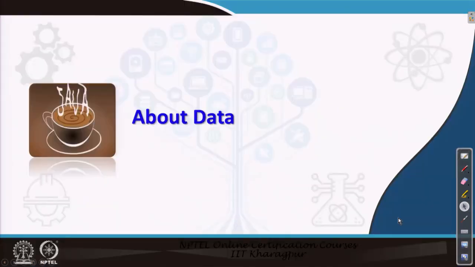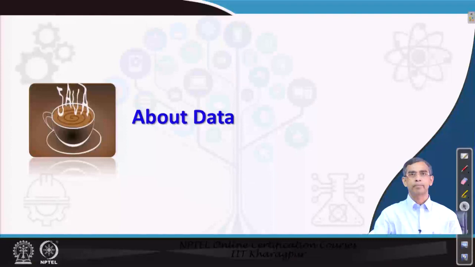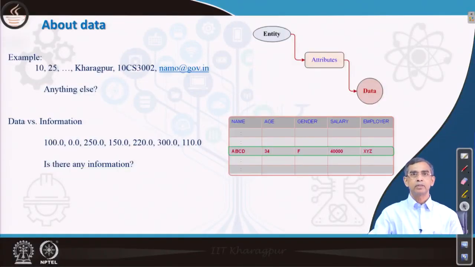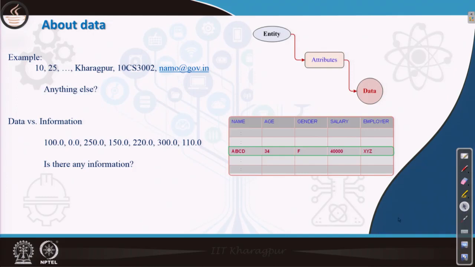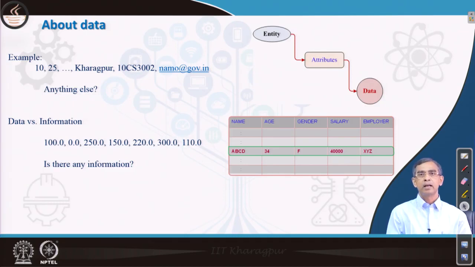So, let us first come to the discussion about the data. Now, data is such a common word nowadays, we are very much familiar with this. Data is usually represented, with a very novice concept we can say, in the form of numbers, in the form of strings like name, in the form of some mix of numbers and strings like email address, email ID and so on.